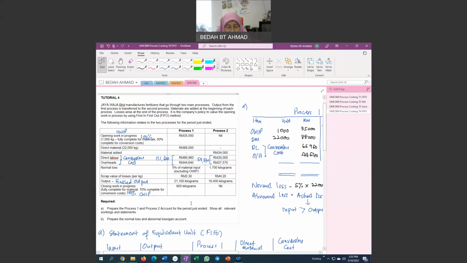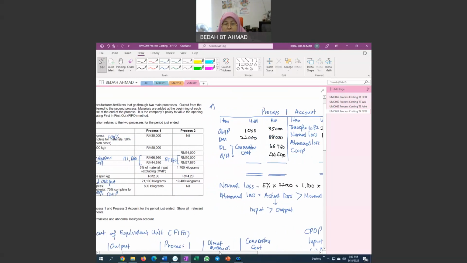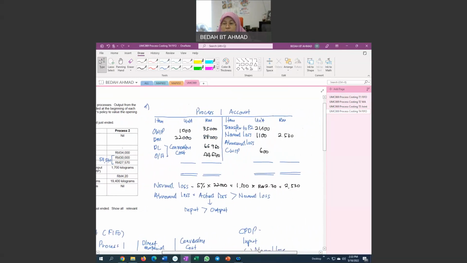Given in the question is 21,100. So in the 21,100, remember there is a closing work in progress and the opening work in progress.